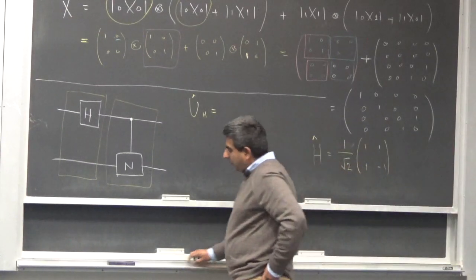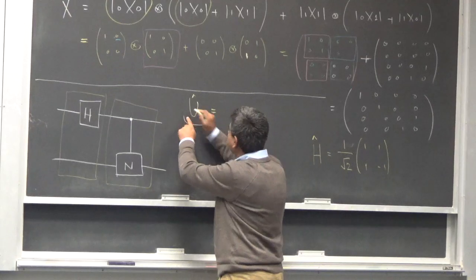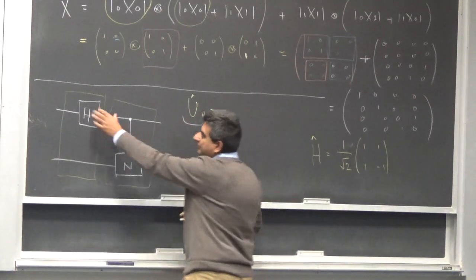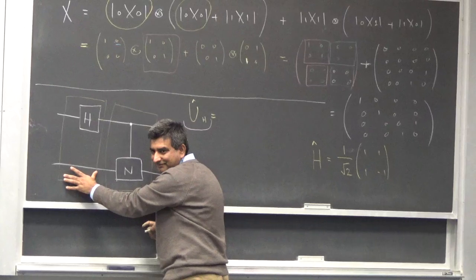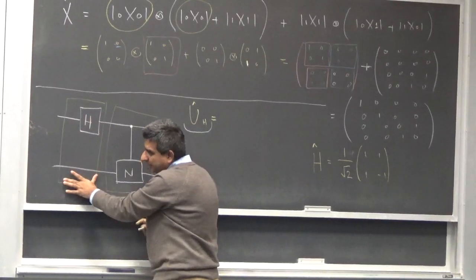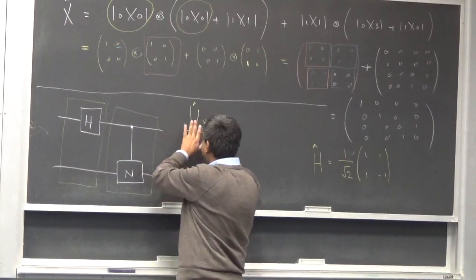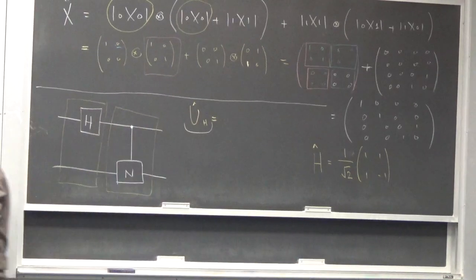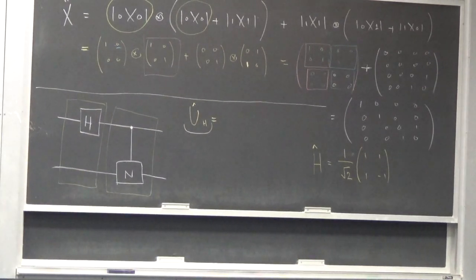Alright, so now suppose this is a 2 qubit gate. What is this gate doing? Can I write an expression for this UH similar to this expression here?